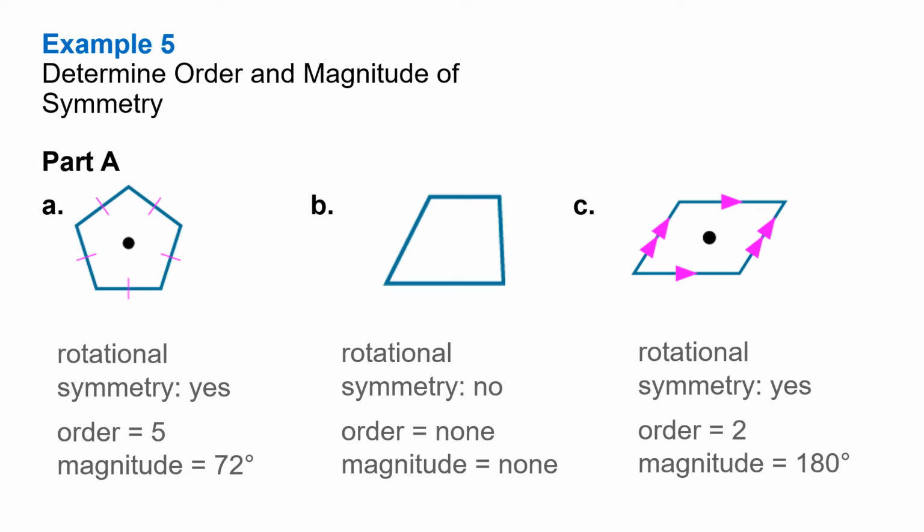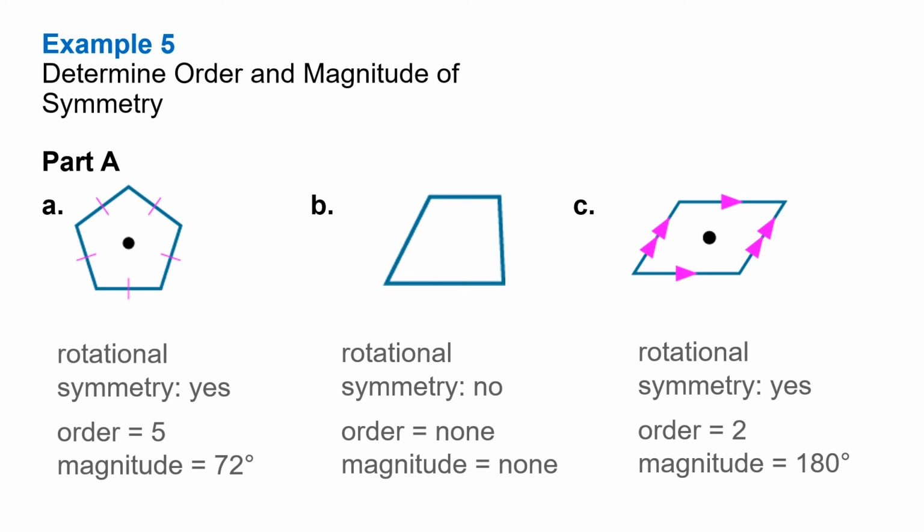So in figure A, it does have rotational symmetry, and the center of the pentagon was the point of symmetry. It has order 5 because it took 5 turns to get back to the original point. Then the magnitude is 360 divided by 5, which is 72.